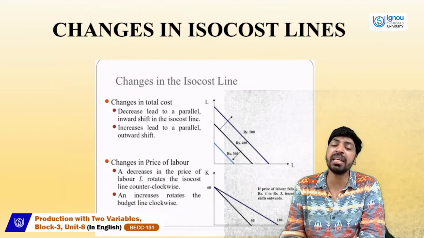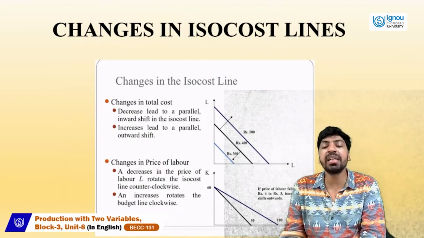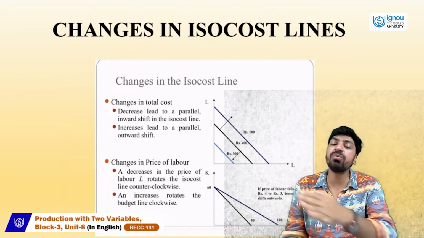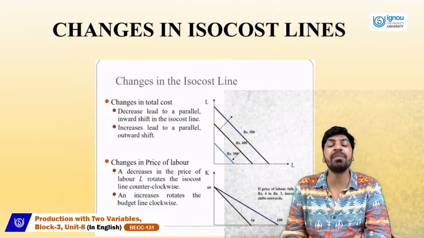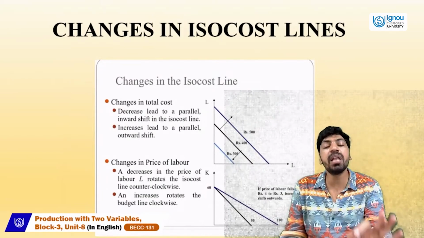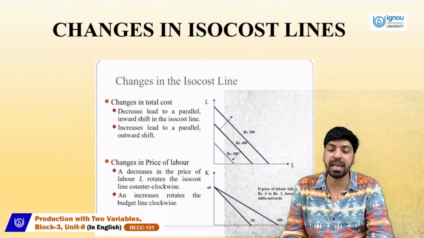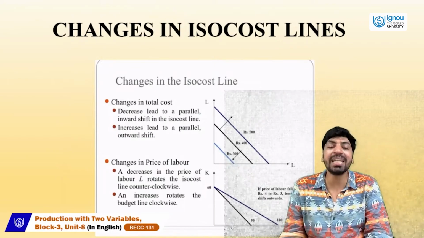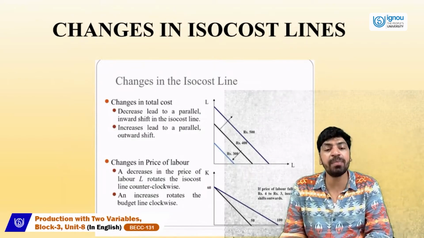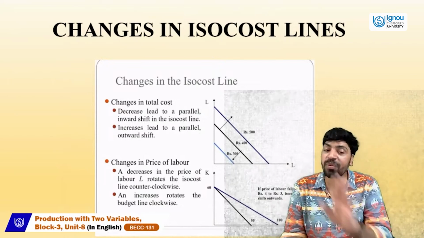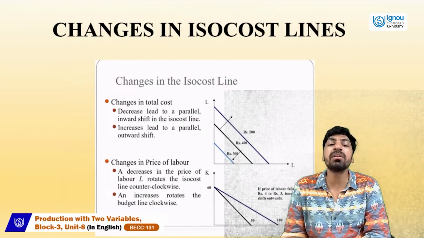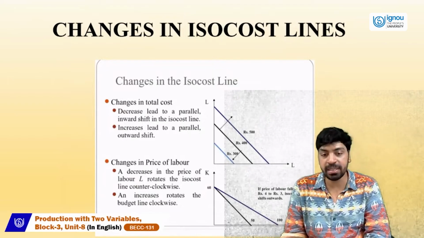So if there is an increase, automatically it shifts inwards and it begins from the original isocost line only, and that results from the changes in the price of labor. So if there is any decrease in the price of labor, it rotates the isocost line counterclockwise.